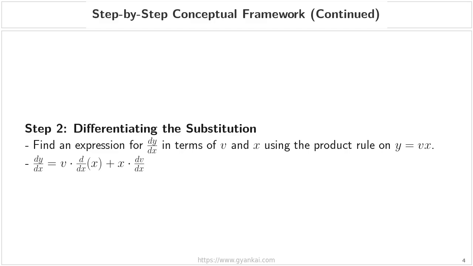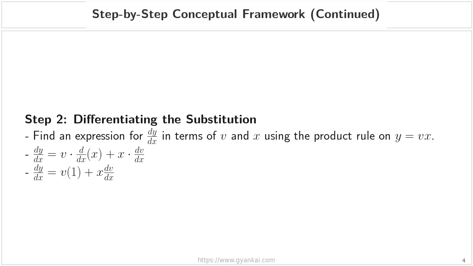We start with the derivative of y with respect to x according to the product rule. The derivative is equal to the first term, v, multiplied by the derivative of the second term, which is the derivative of x with respect to x, plus the second term, x, multiplied by the derivative of the first term, which is the derivative of v with respect to x.